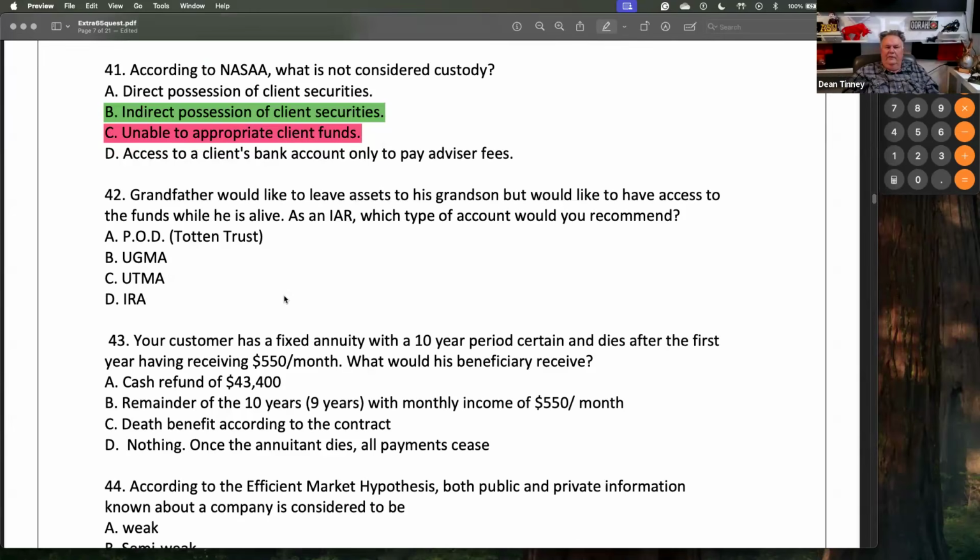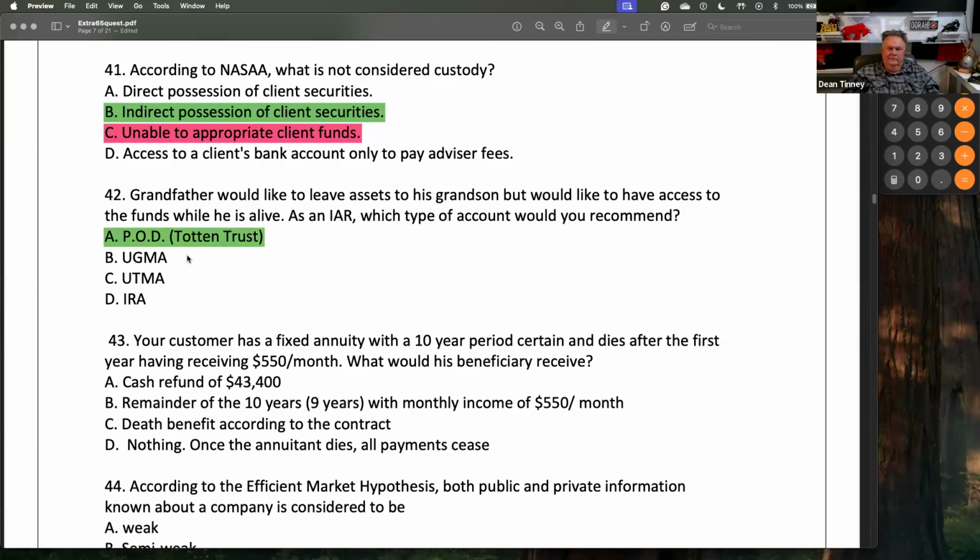A grandfather would like to leave assets to his grandson, but would like to have access to the funds while he's alive. As an IAR, which type of account would you recommend? Now, this one, Brian swears to me, people tell him they've seen it. I have not had anybody tell me they've seen this yet. But this is a Totten trust, which is just another form of a living trust, right?